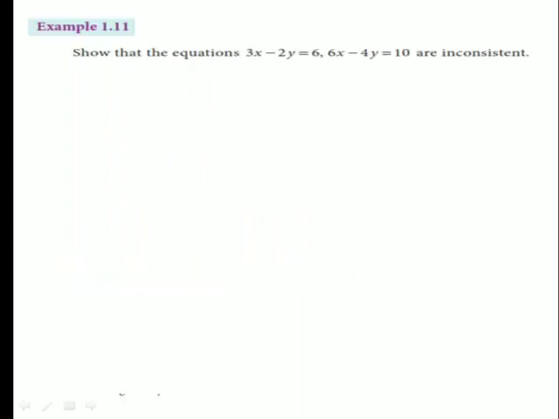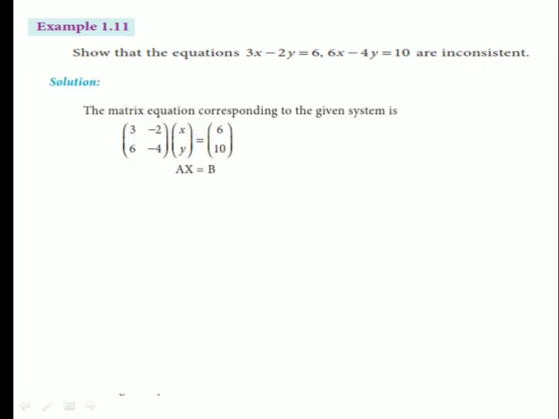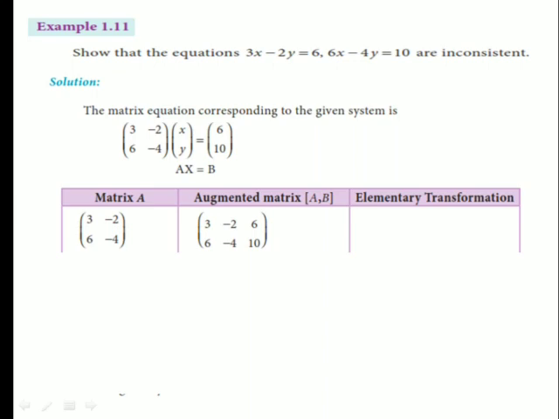Next example. Show that the equations 3x - 2y = 6, 6x - 4y = 10 are inconsistent. First you write the equation in matrix form AX = B. Then you write the A matrix and the (A, B) matrix. First you modify row 2 equals R2 minus 2 R1.